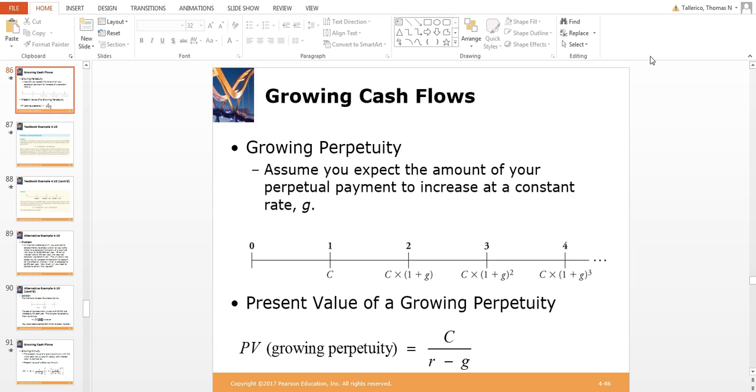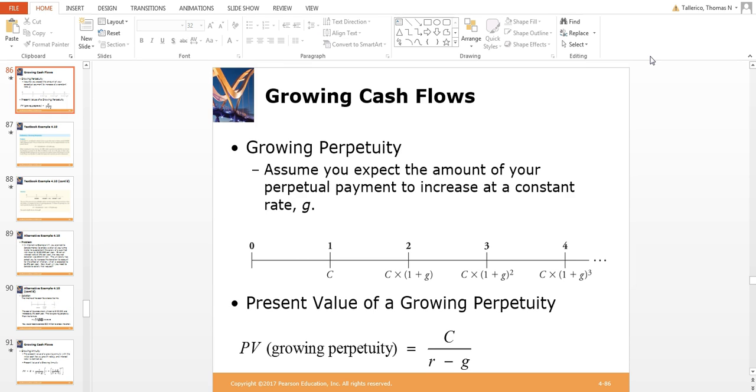I want to spend a little more time trying to finish up the slides for Chapter 4 this morning, and I'm going over a growing perpetuity. I'm on slide 86, and a growing perpetuity is the perpetuity we saw previously, but this time it's not just C divided by R, as in previous slides, but there's a growth rate.